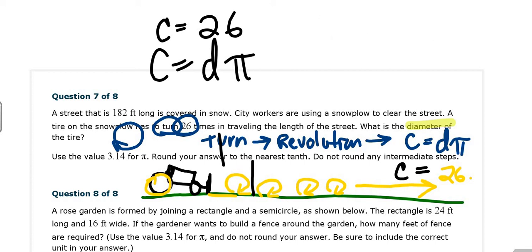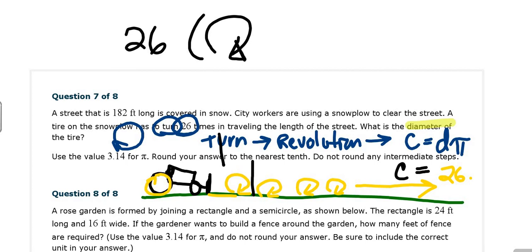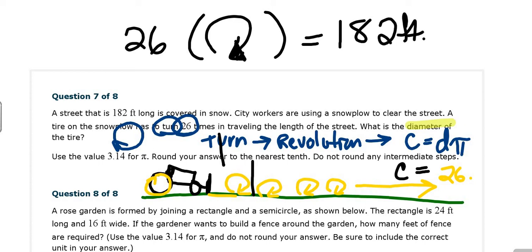Forgot one tiny little step here. That 26 is not the circumference, or it is the number of circumferences. So what we have here is 26 circumferences, which are turns. Let me make a visual of that. 26 turns equals 182 feet.